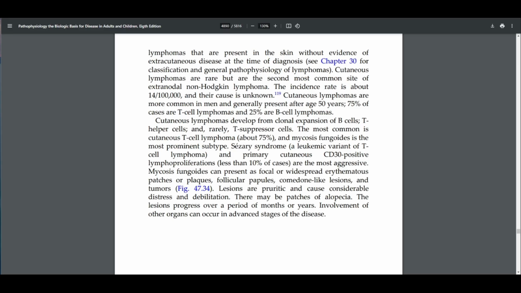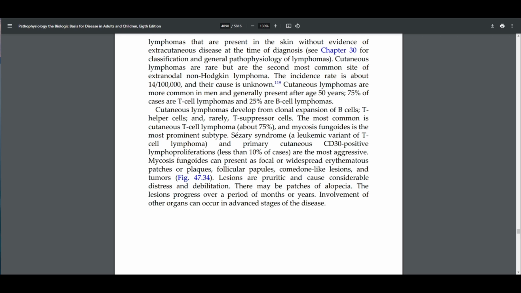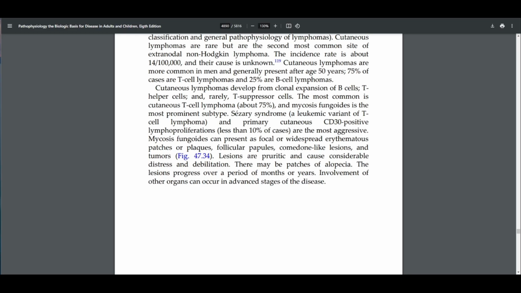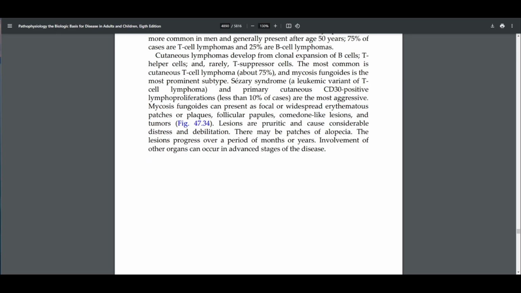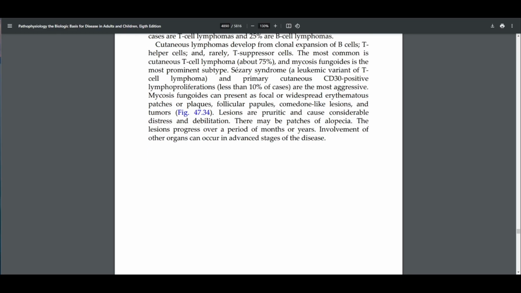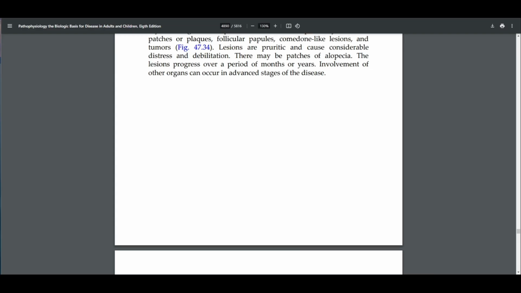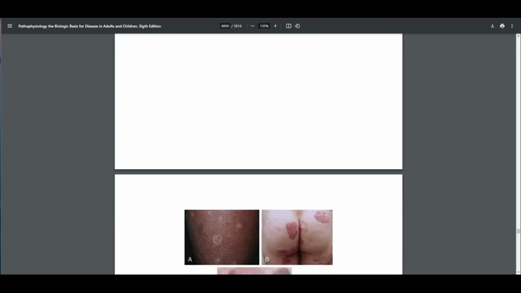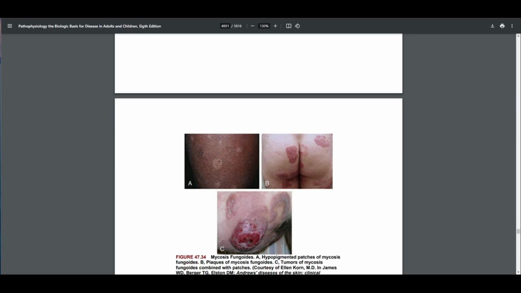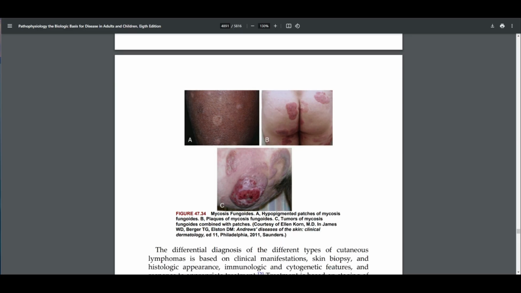Mycosis fungoides can present as focal or widespread erythematous patches or plaques, follicular papules, poikiloderma-like lesions, and tumors. Lesions are pruritic and cause considerable distress and debilitation. There may be patches of alopecia. The lesions progress over a period of months or even years. Involvement of other organs can occur in advanced stages of the disease. So here are some pictures of mycosis fungoides.